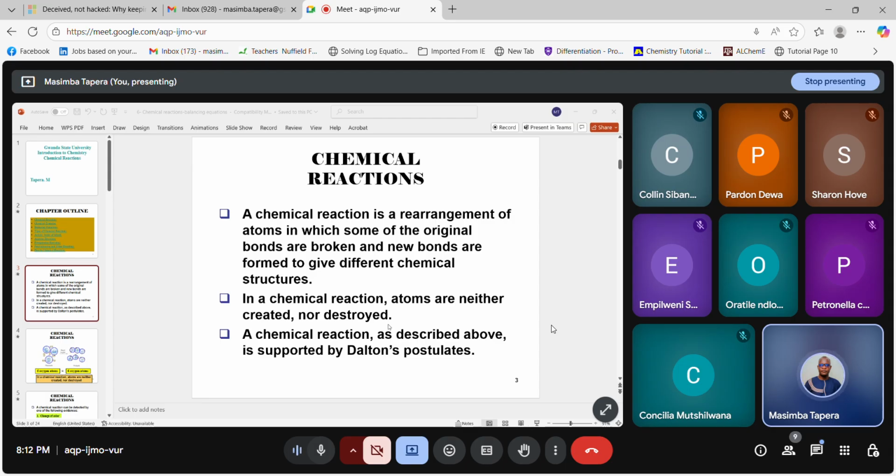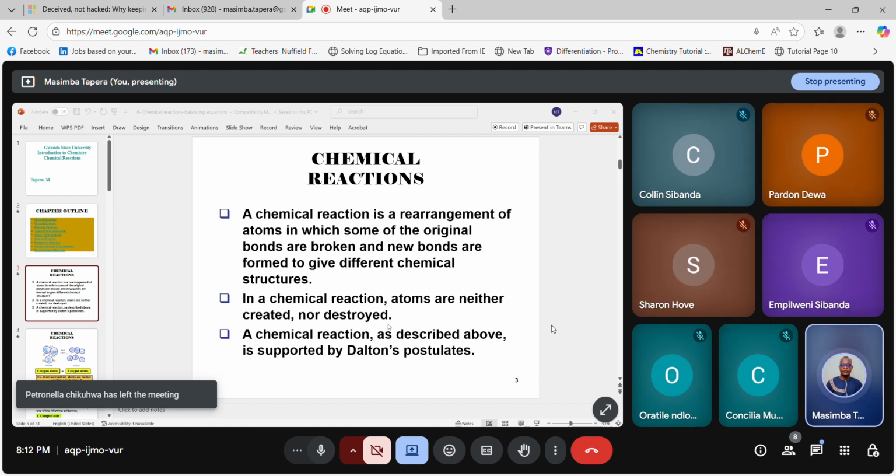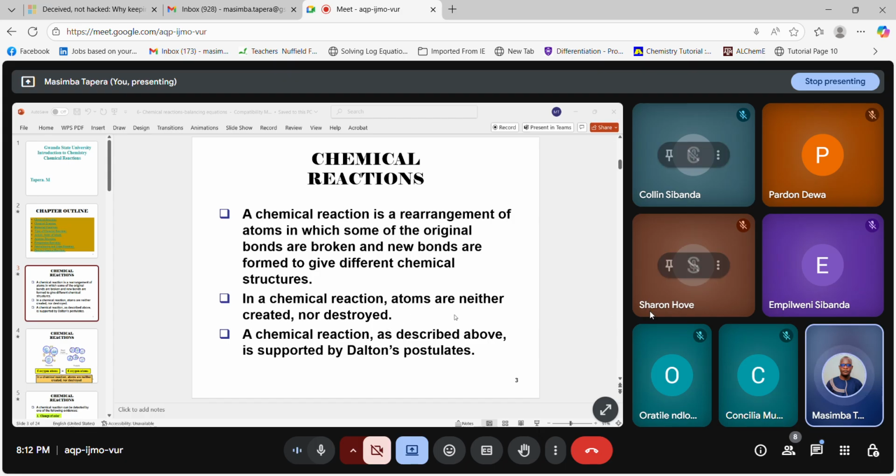I think in part of your first assignment there was a question which requires you to elaborate what a chemical change is, and we talk of a chemical change when there is a chemical reaction, and in most cases a chemical reaction occurs when we break existing bonds so that we form new bonds. In other words, we are trying to form a new compound. So in a chemical reaction we expect that a new product is formed.